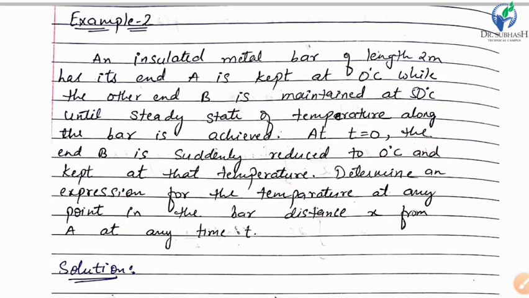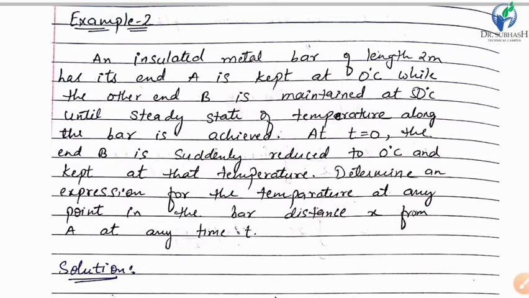An insulated metal bar of length 2 meter has its end A kept at 0 degrees Celsius while the other end B is maintained at 50 degrees Celsius until steady state of temperature along the bar is achieved. At t equal to 0, the end B is suddenly reduced to 0 degrees and kept at that temperature.